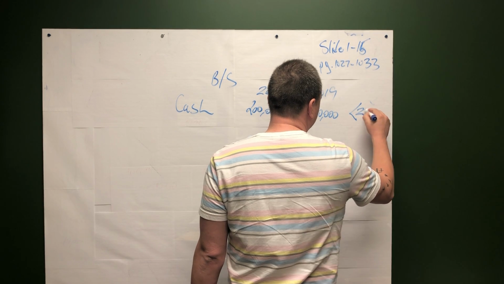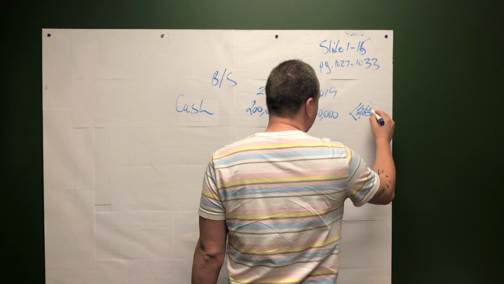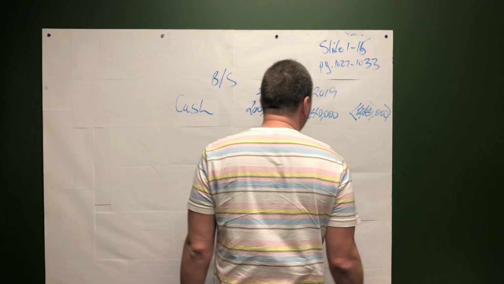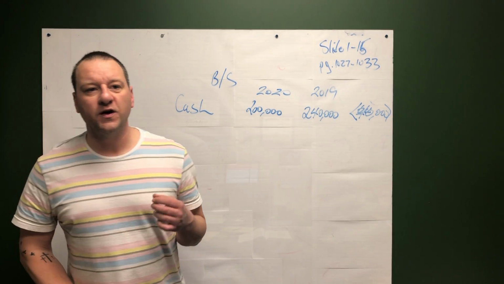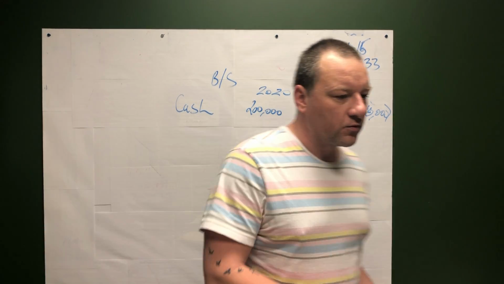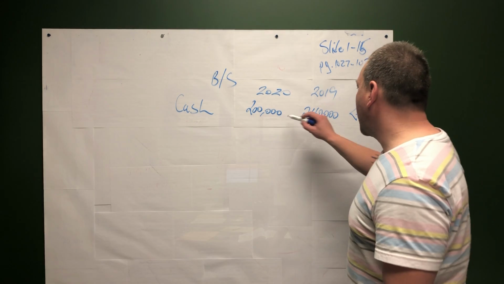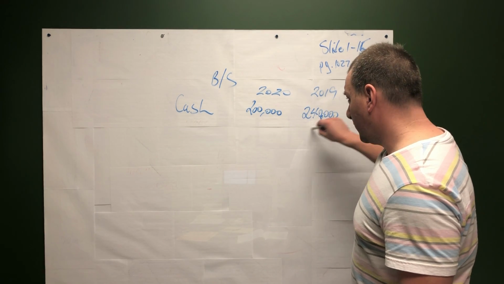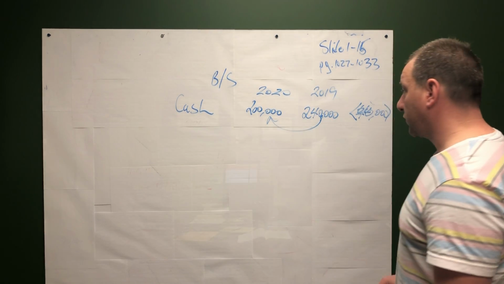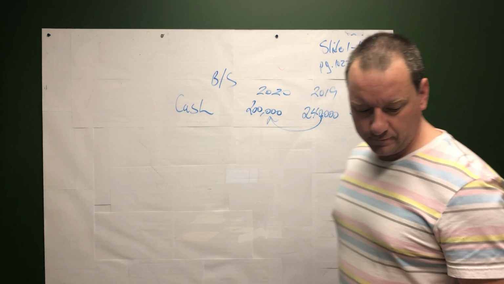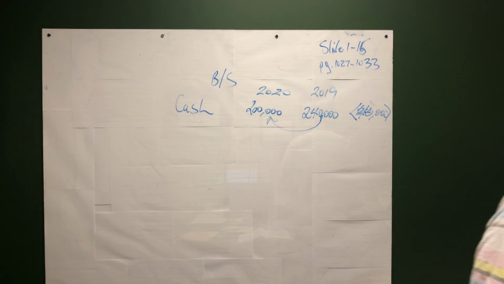So that's a decrease of $40,000. What the cash flow statement is going to do is tell us why our cash balance went from 240 down to 200, within that year.